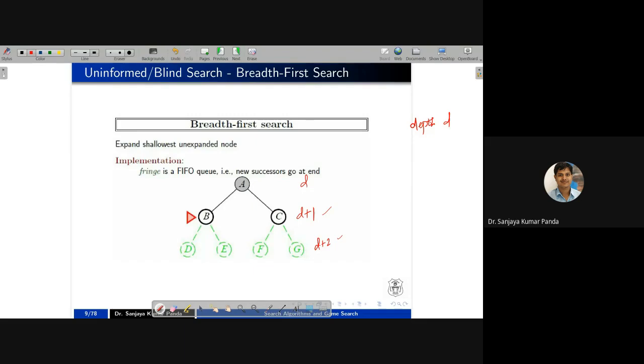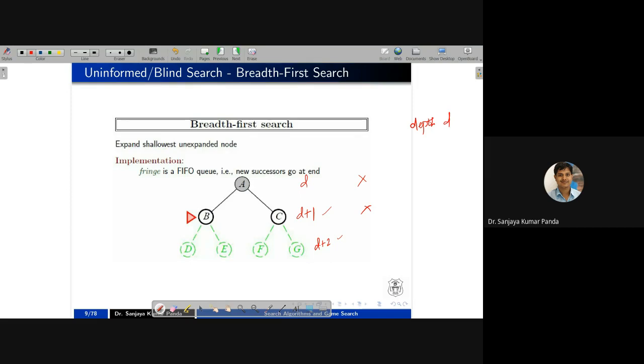For example, if you explore A, you got B and C, and B is not equal to G if the goal node is G. C is also not equal to G. That means at depth D and at depth D plus 1, you have not found your goal node. What do you have to do? You have to go for depth D plus 2.